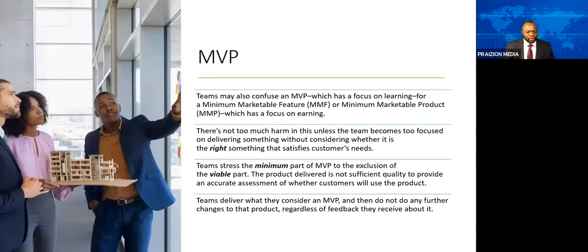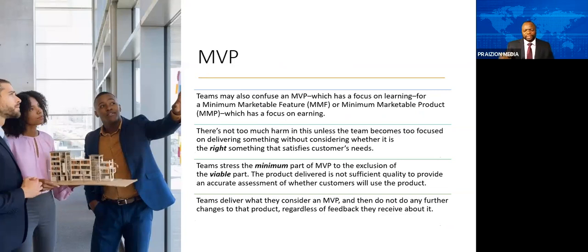Teams may confuse MVP with a term known as MMF, minimum marketable product, or minimum marketable feature. This is not the same. Okay, so we're not talking about delivering the smallest piece to the customer for the smallest cost.